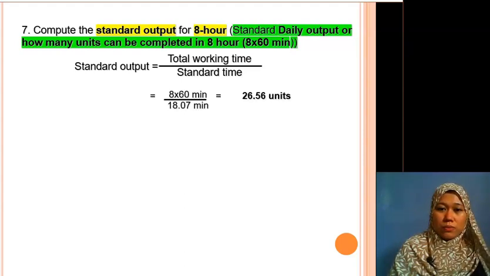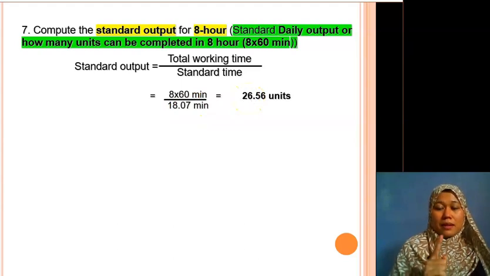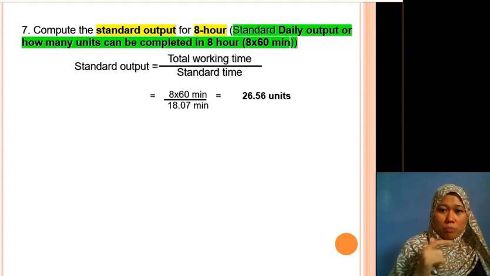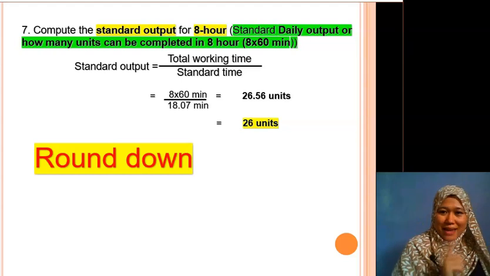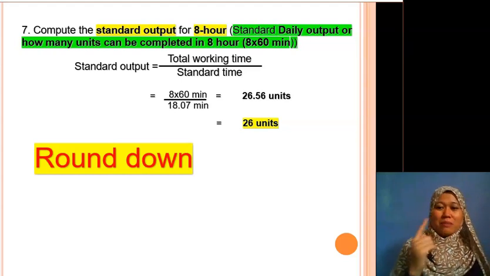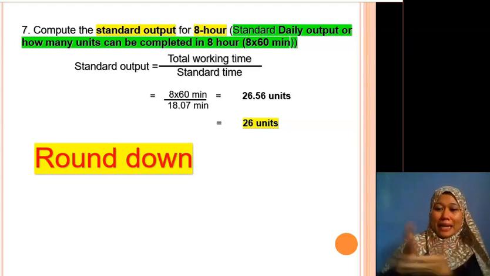So you do 8 times 60, divide by the standard time, and then you get 26.56. Remember, in time study, you need to round down. So you need to report to your boss as 26. You cannot round up to 27, because you did not complete it within 8 hours.